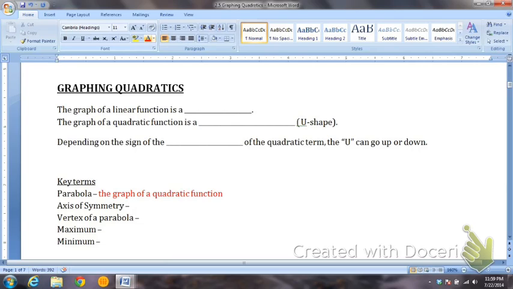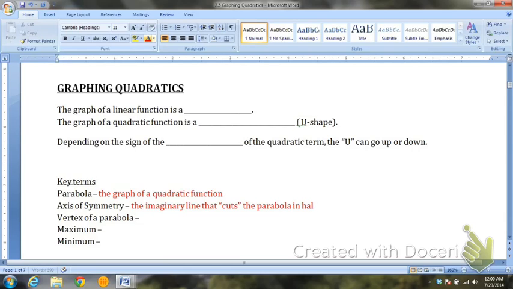The axis of symmetry is the imaginary line that cuts the parabola in half to make it symmetric. And I'll talk about what that means in a minute.